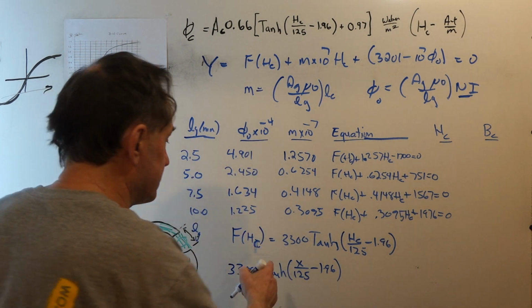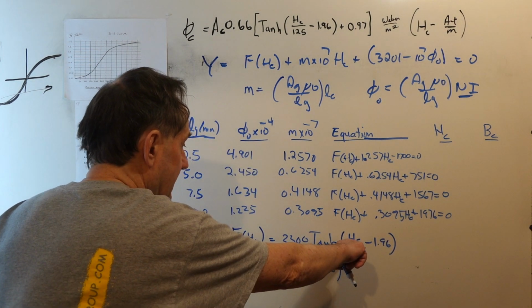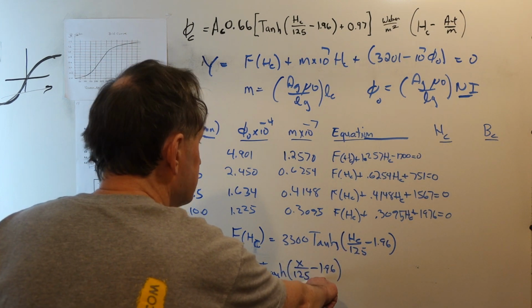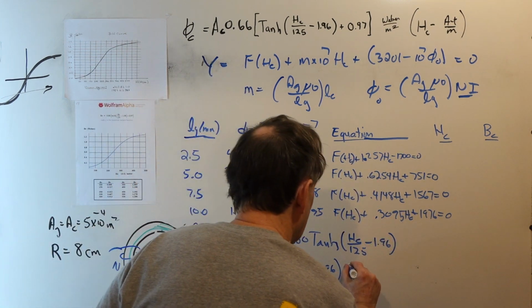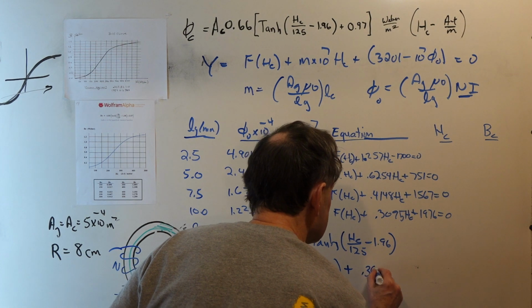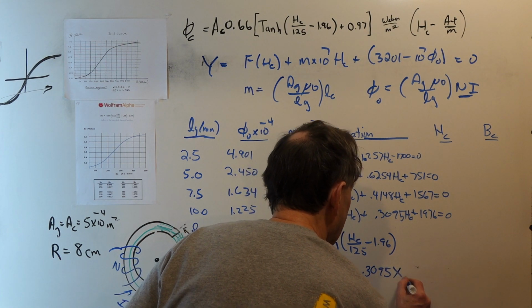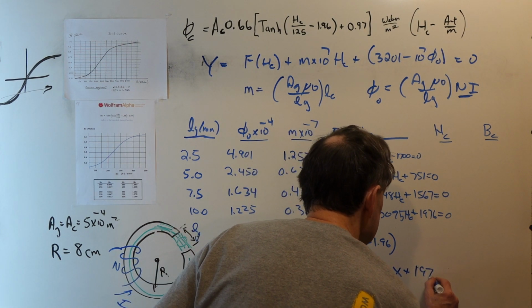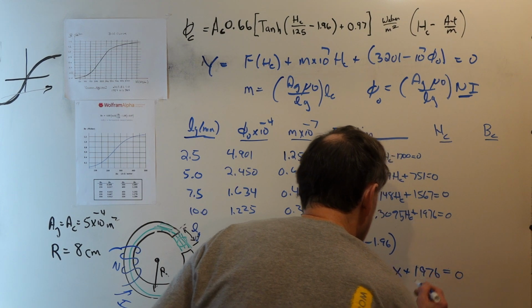The values of x that solve this equation will be the HC. So here's the f of HC part, and then I add to that 0.3095 x plus 1976 equals 0.